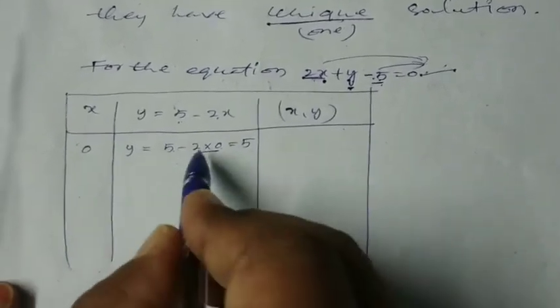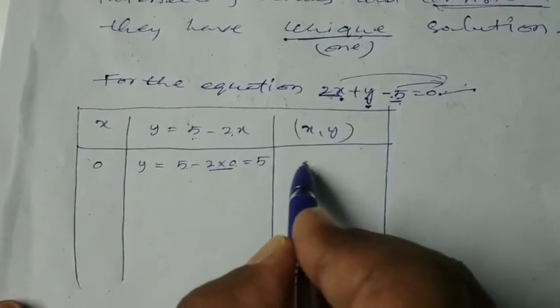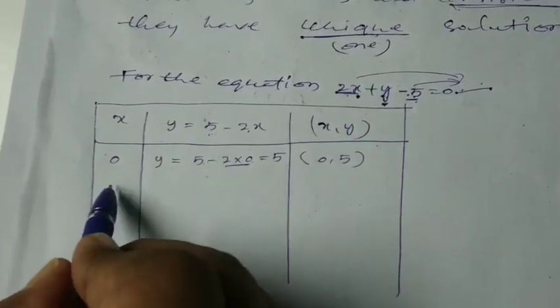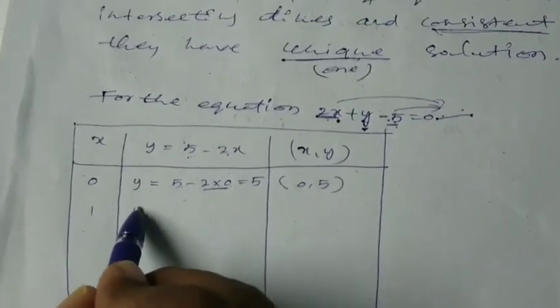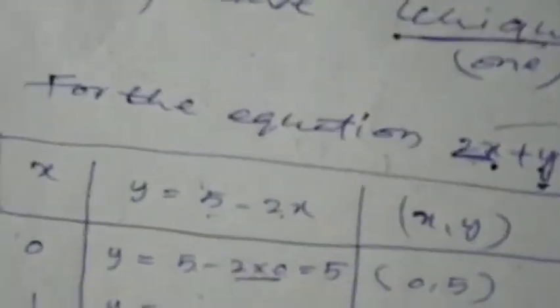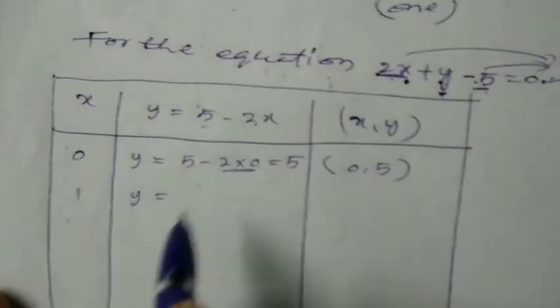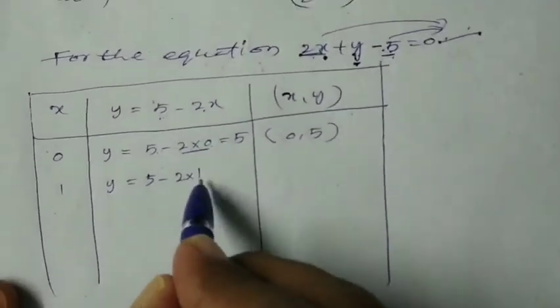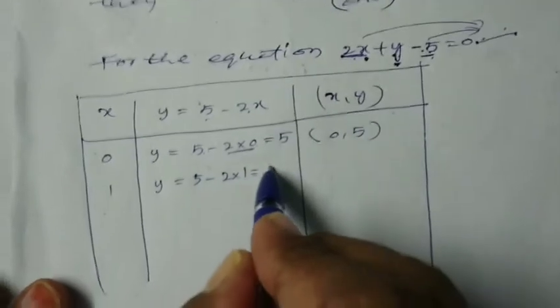So if x equals 0, y equals 5. Next we take 1. If x equals 1, y equals 5 minus 2 into 1, which is 5 minus 2 equals 3.